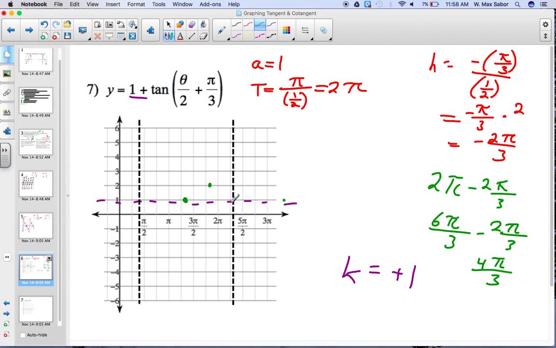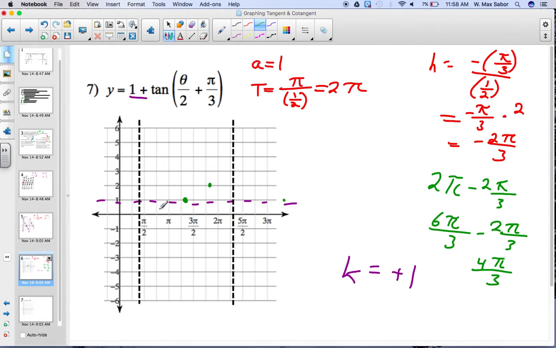There is one of our inflection points halfway between the equilibrium and the asymptote, and because the amplitude is 1, it's up 1, and because it's tangent, it's up instead of down. Same thing over here. We're going halfway between the asymptote and the equilibrium point is here.